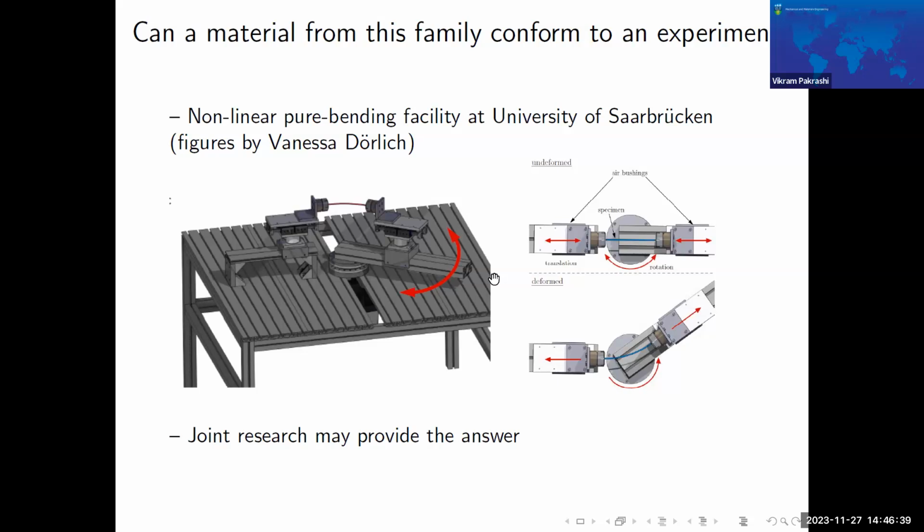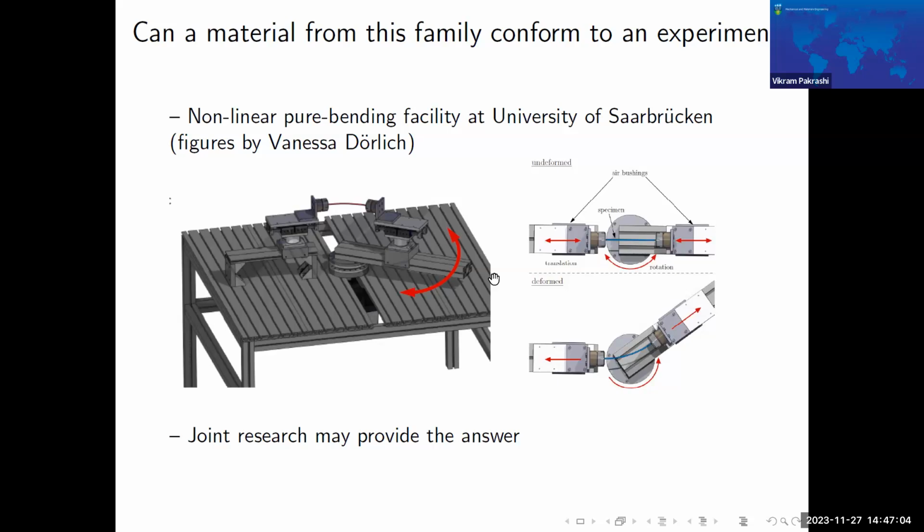So what does this experiment do? You see, there is a little specimen that can be put between those clamps, which can then be rotated up to 90 degrees. In fact, it can be started from minus 90 degrees and rotated up to 90 degrees. And remember, this solution may be generalized to initially curved beams.